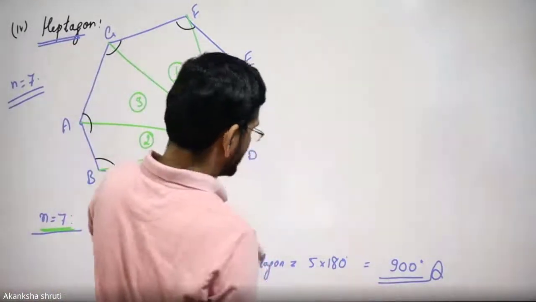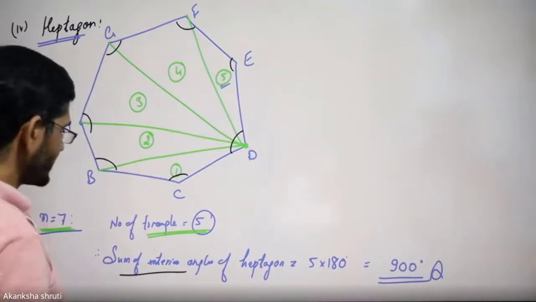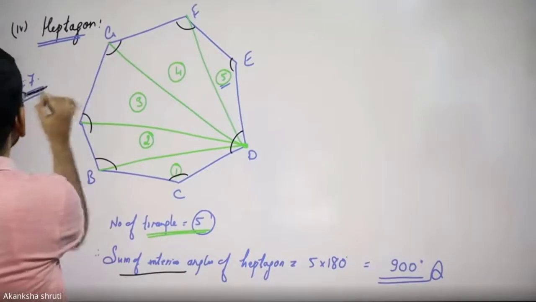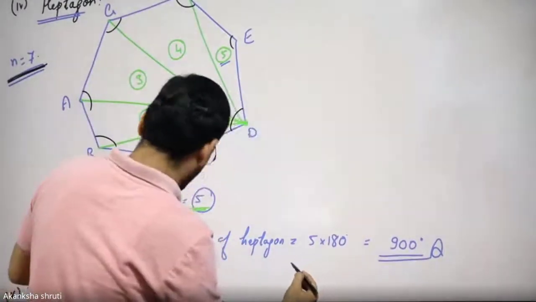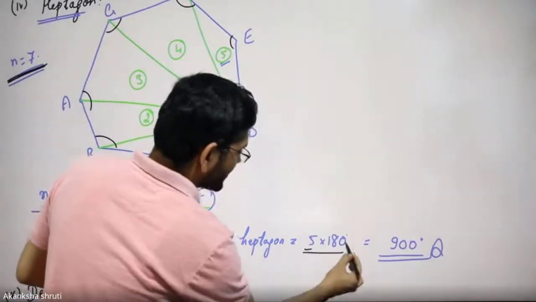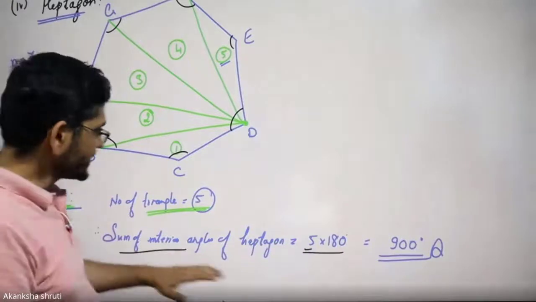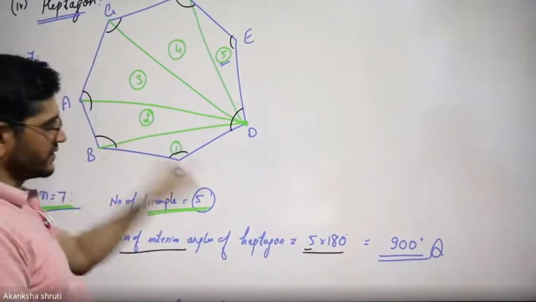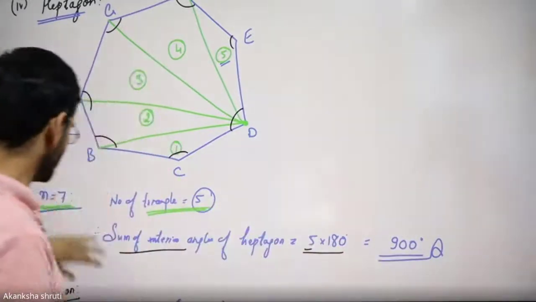It is 900. Students, here the number of sides was 7, but the sum of internal angles obtained is 5 into 180, means the number of triangles is 2 less than the number of sides. That's why 7 minus 2 is 5. The formula is satisfying here.